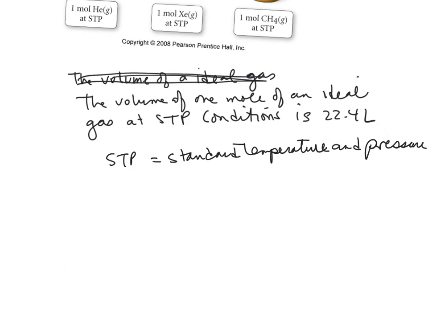So standard temperature would be 273.15 degrees Kelvin, which is equal to 0 degrees C. So standard temperature for gases is 0 degrees C, which is 273 Kelvin.